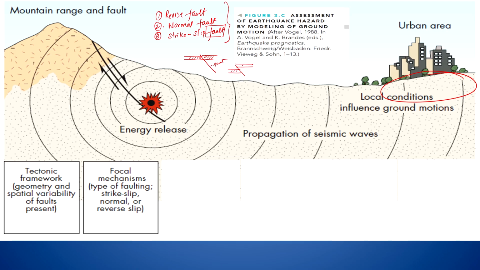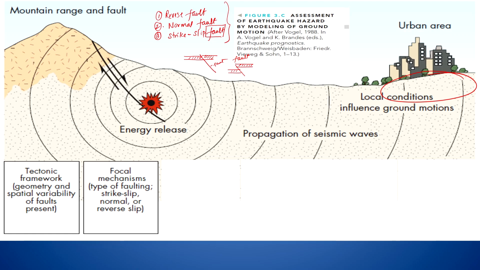If this unit has been displaced, then we call it a fault. But faults may be secondary faults, and they may be seismogenic faults which have the potential to trigger earthquakes. We are interested in the faults which are capable of producing earthquakes and which have triggered earthquakes in the past.